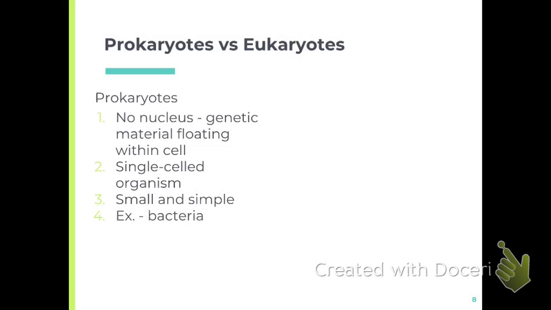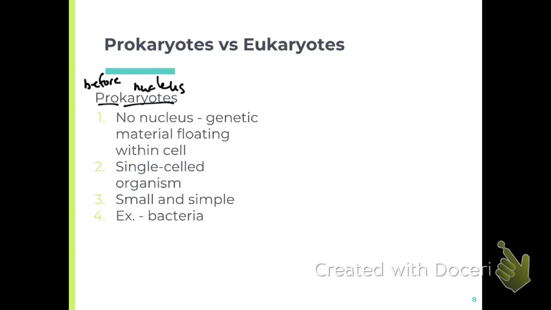All right, so cells can be categorized into two major categories. One is called prokaryote. Karyote means nucleus, and pro means before. So a prokaryotic cell is a cell with no nucleus.